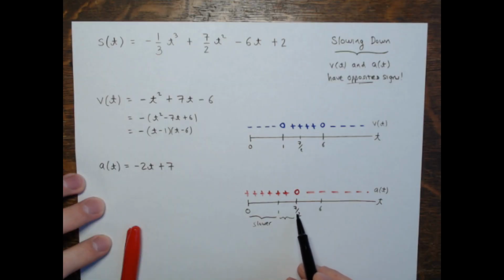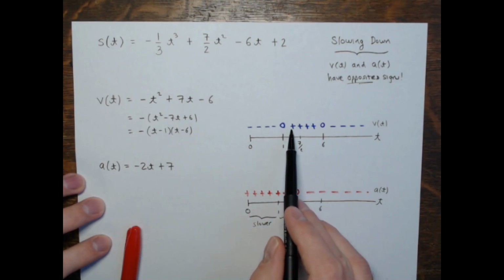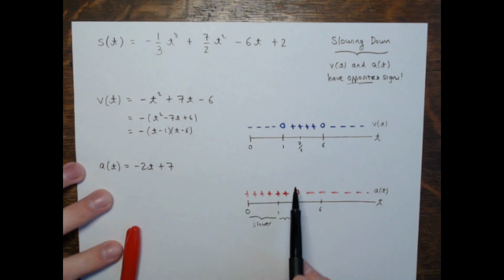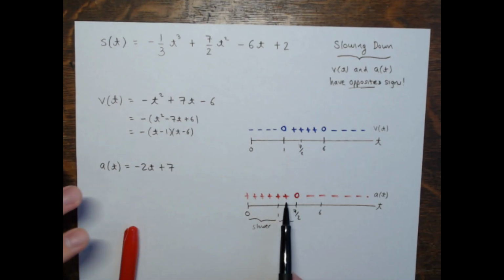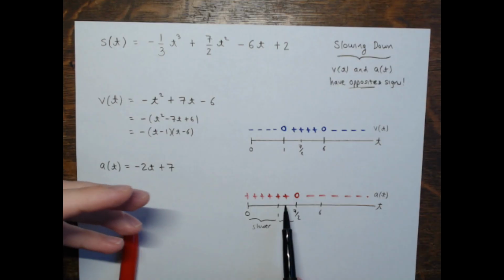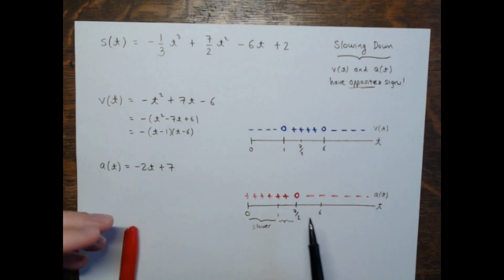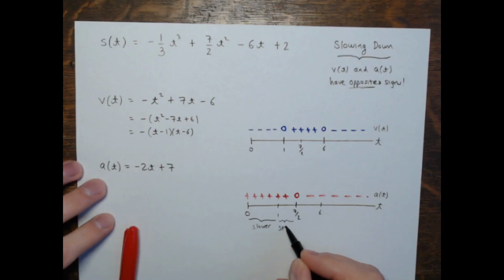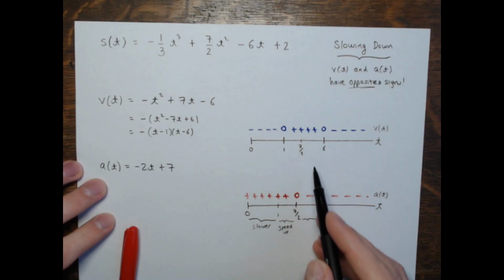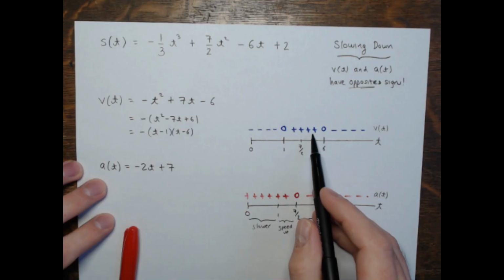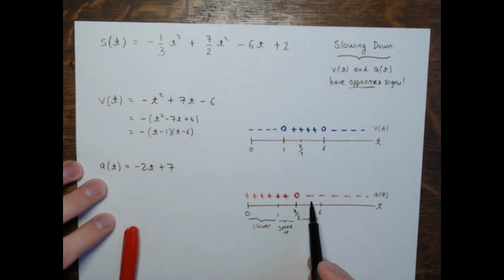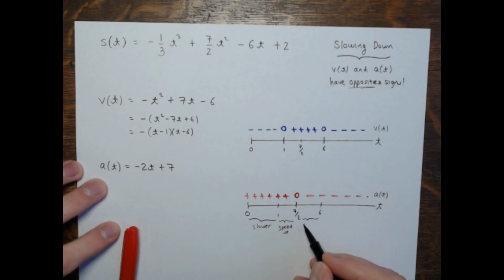Then from 1 second to 3.5 seconds, velocity and acceleration are both positive, so it's moving to the right and being blown in that direction, going with the wind. So that's speeding up. And then from 3.5 seconds to 6 seconds, opposite signs again. The bird's moving to the right, but now the wind turned left, so the bird's going against the wind and being slowed again.